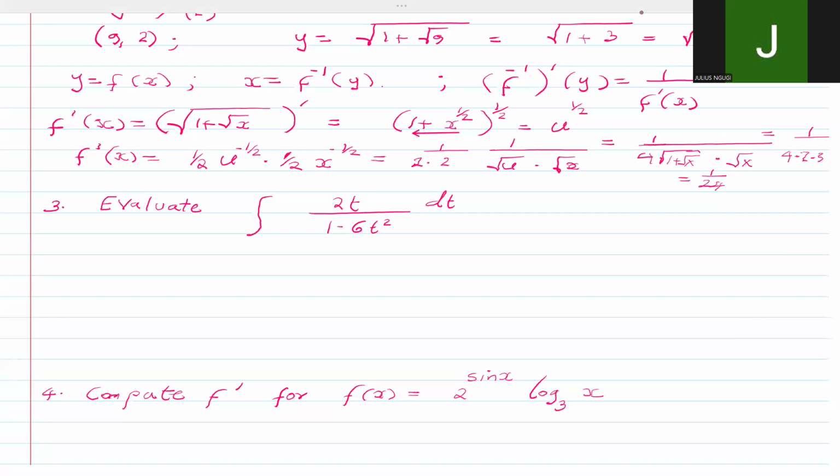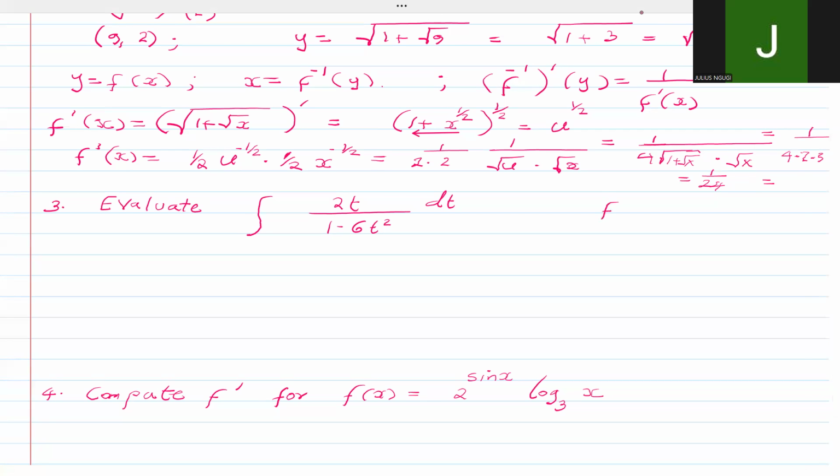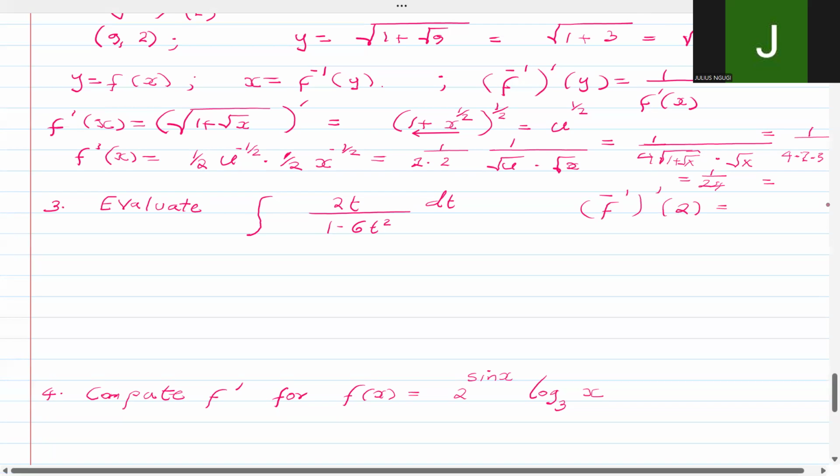So you get this answer here becomes the f inverse at that. So let me squeeze it here. F inverse derivative when that y is equal to this 1 over whatever you've gotten. So it's 1 divided by 1 over 24, which is just 24. That's the answer for that question.